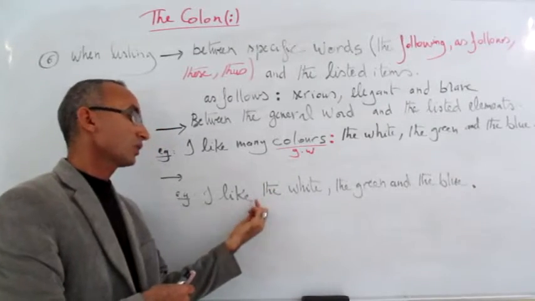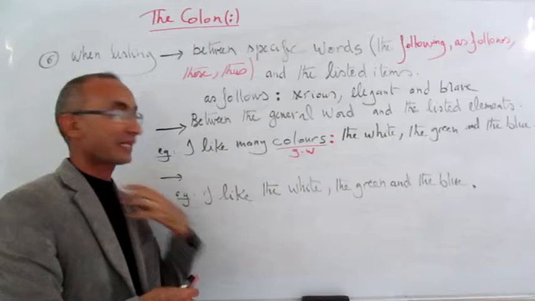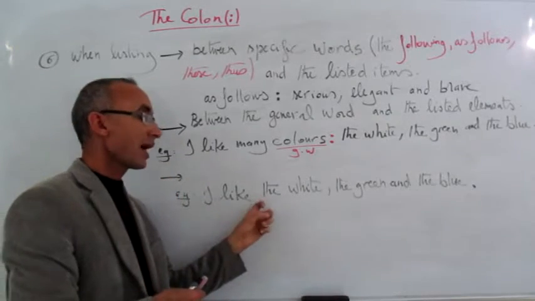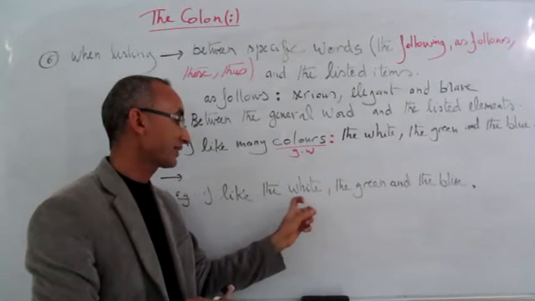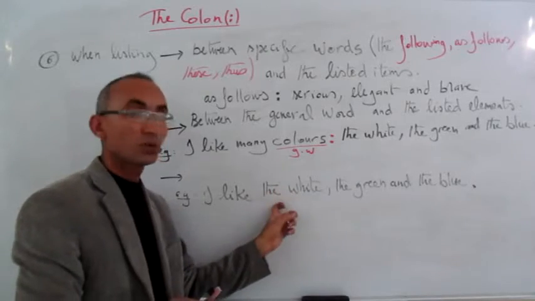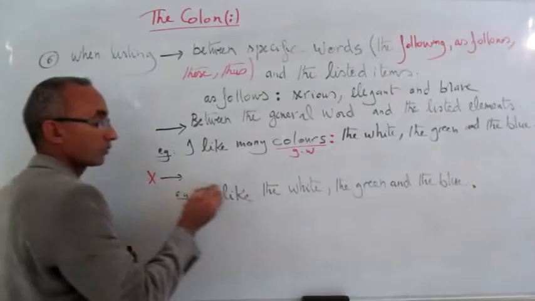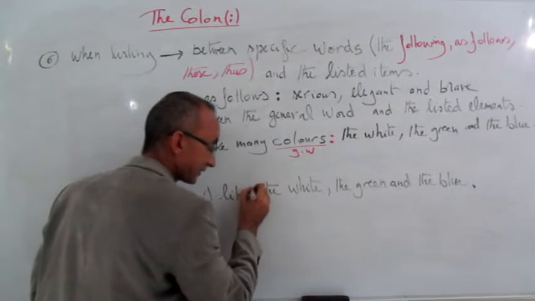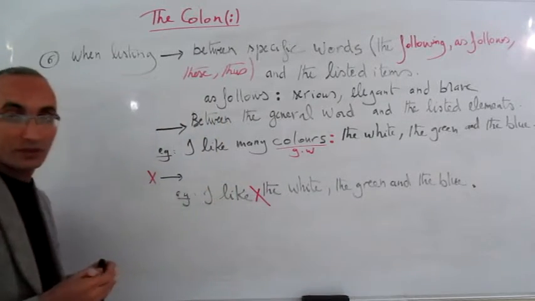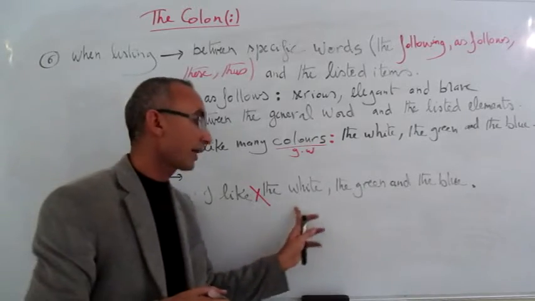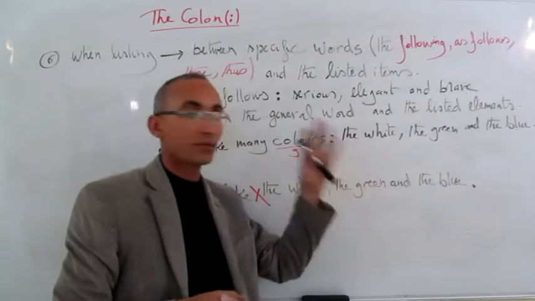Here there is no general word, and we start directly listing our elements. So in this case, we don't use the colon. There is nothing here. You write directly, I like the white, the green, and the blue colors.